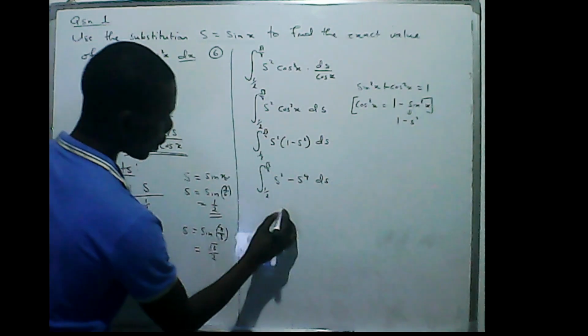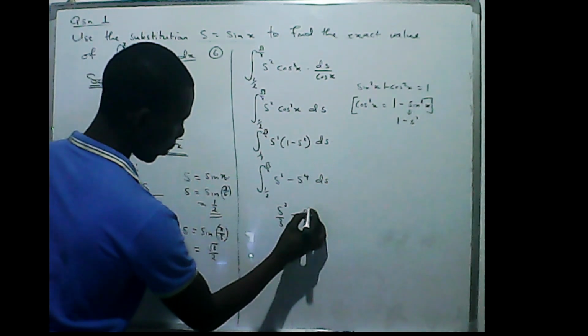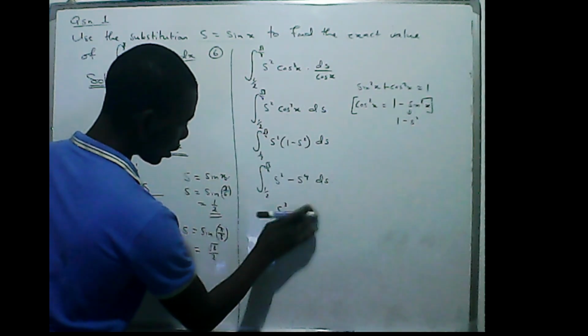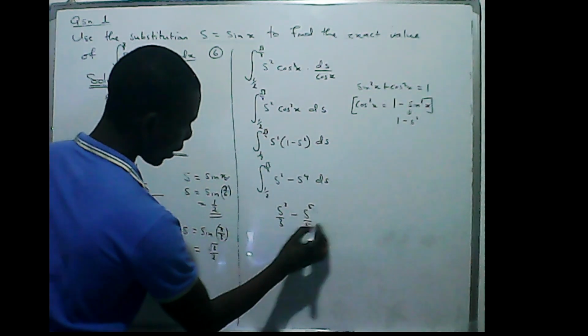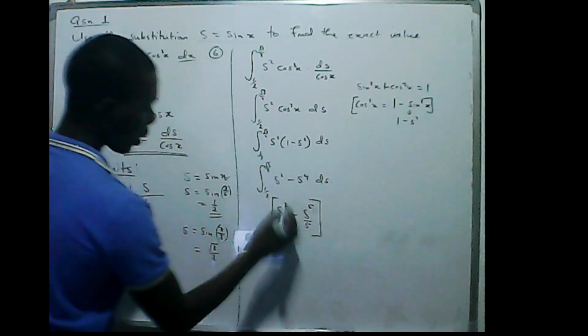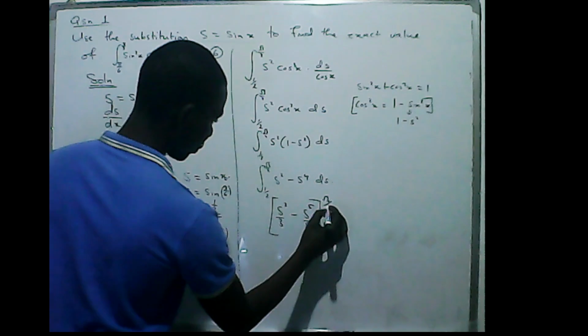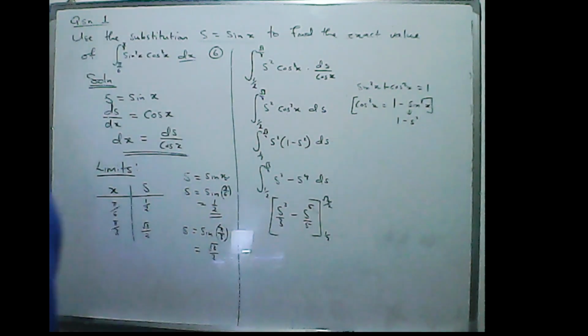Integrating s squared, we get s cubed over 3 minus s to the power 5 over 5, with our limits from half up to root 3 over 2.